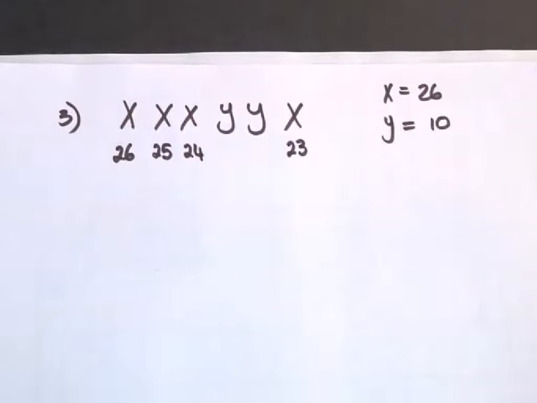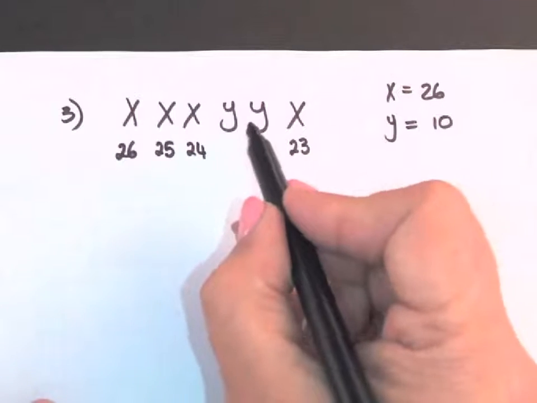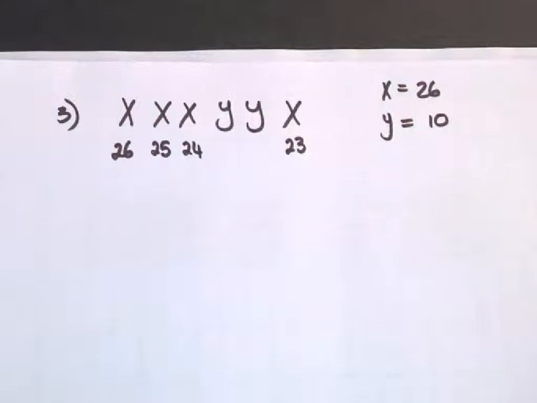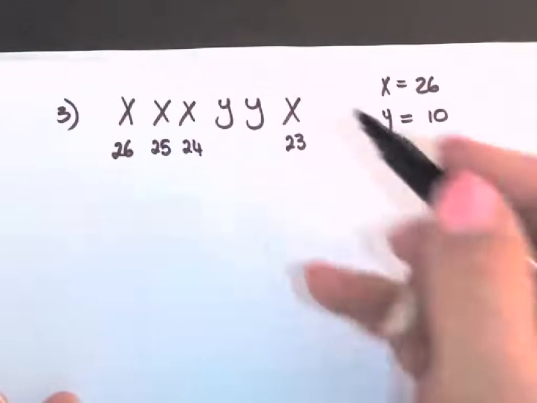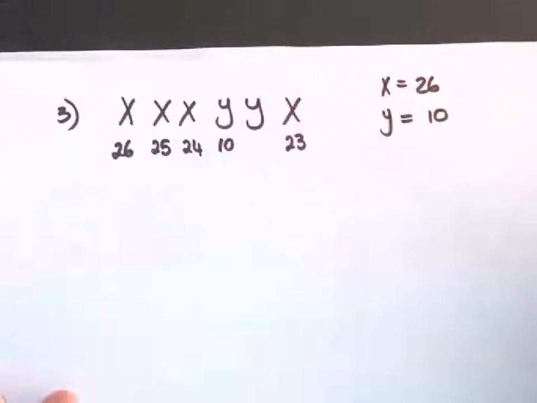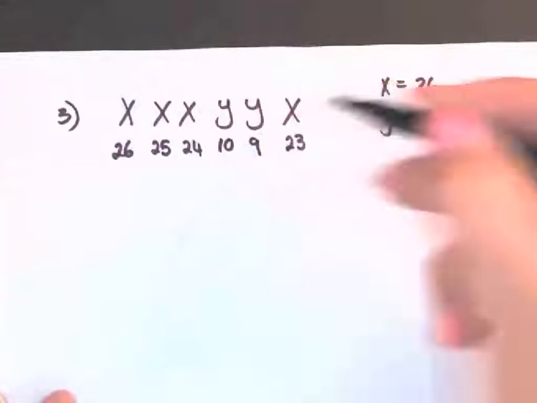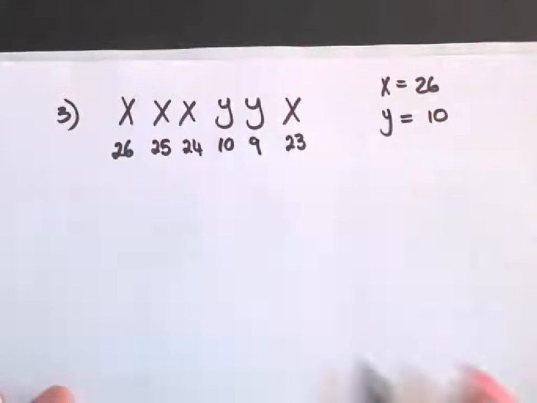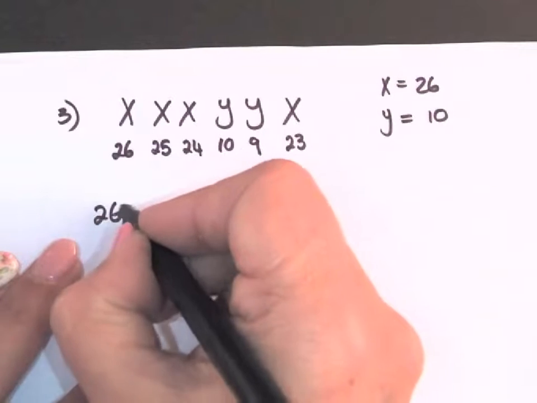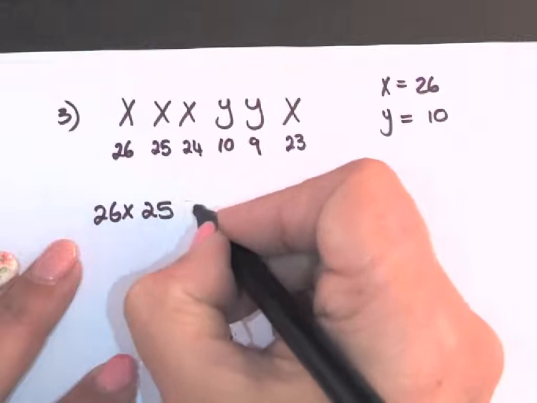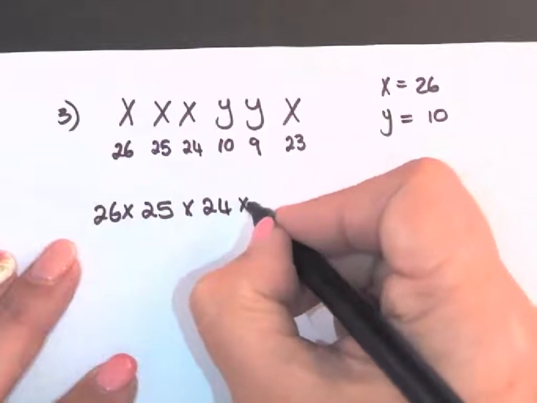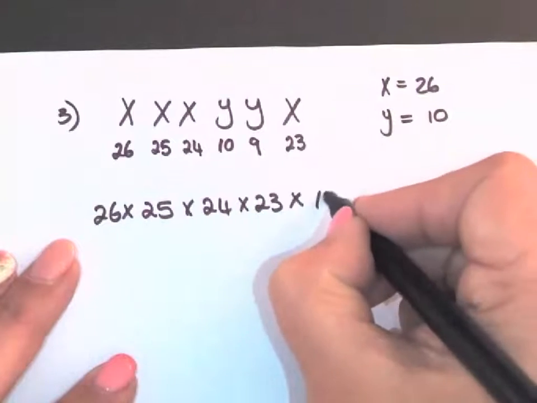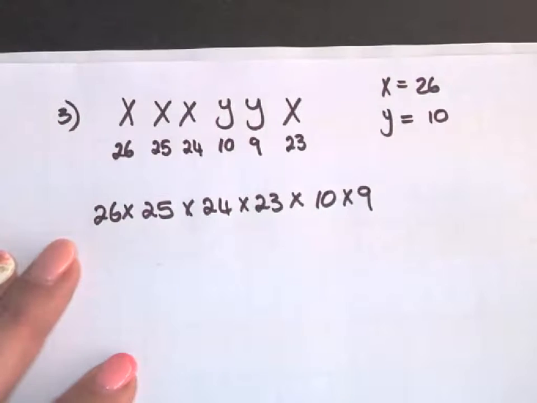Okay, now the letters are done. Let's look at the digits, the numbers. How many can I use for the first Y? 10. And for the second Y? 9. So the combination will be 26 times 25 times 24 times 23 times 10 times 9.